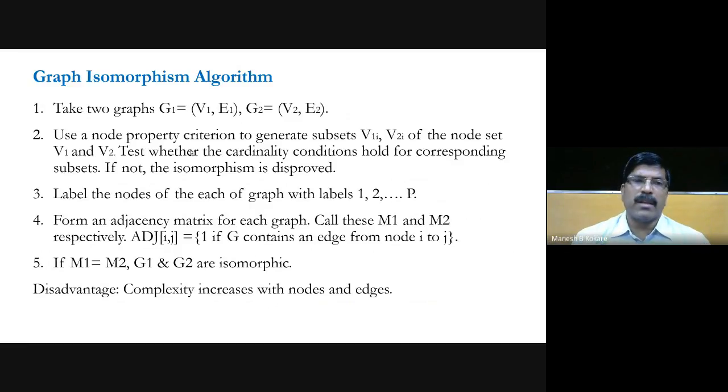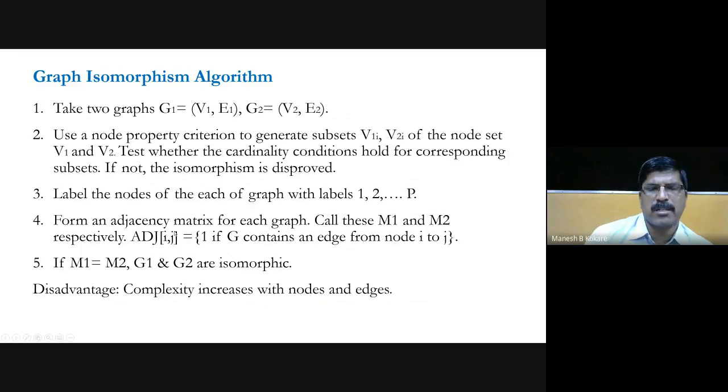Then what you have to do? After that, for the unknown pattern, you have to label the nodes of each graph with labels 1 to p. So the nodes are labeled 1 to p, and then you have to form the adjacency matrix for each graph, and call these M1 and M2 respectively.